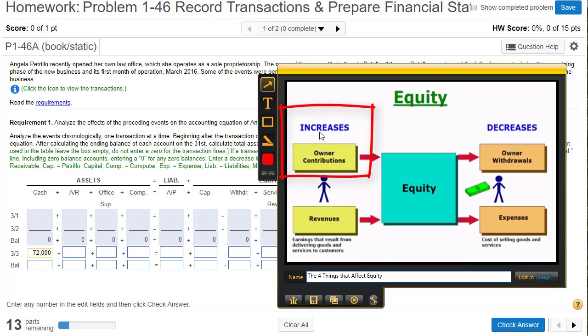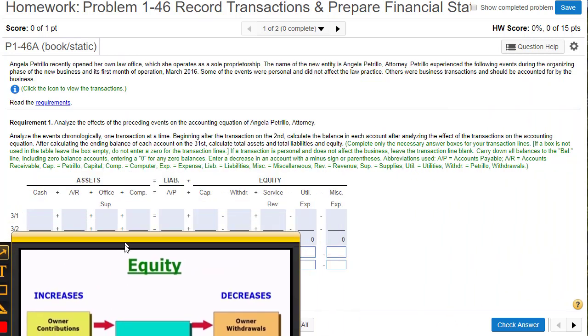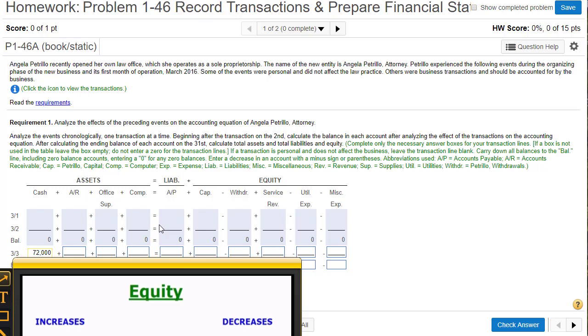Remember, equity is simply the portion of the assets that the owner owns. So when the owner contributed or invested cash in her business, who owns that cash? Does the owner own the cash, or do others, such as the bank, own the cash? So basically, they're asking, is that increase of cash going to increase our liabilities, or is it going to increase our equity?